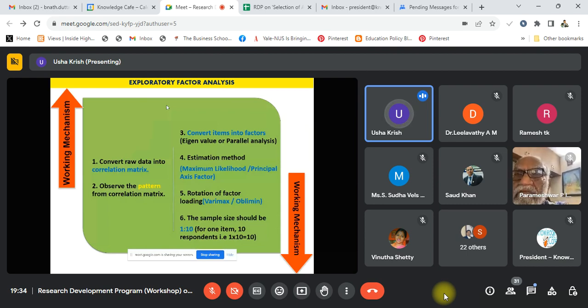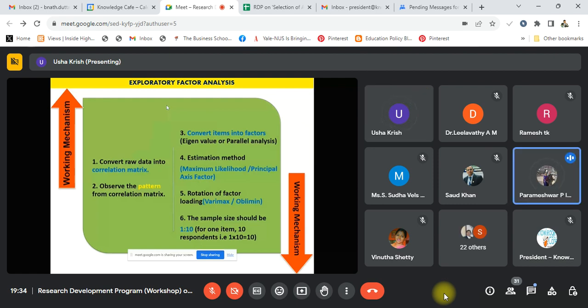All these options you find in the software, just click on that and you get the values. Then use the maximum likelihood method to estimate the values. There is one more method, that is principal axis factor, but maximum likelihood gives better results.